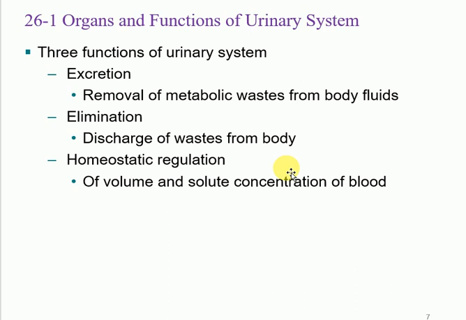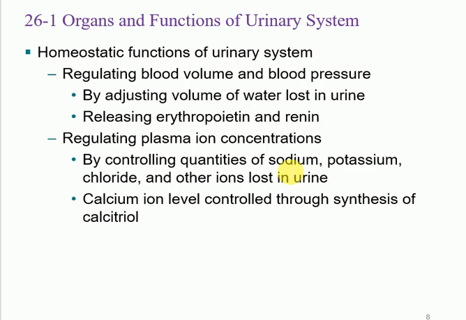What do I mean? I mean, if the potassium is going up in the blood, the kidney will get rid of it. Homeostasis. You bring it back to normal, right? If you don't have enough sodium, you take it back, so it goes up. So you're controlling the concentration and the volume of the blood.